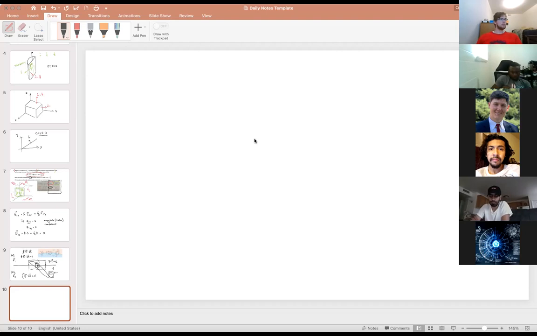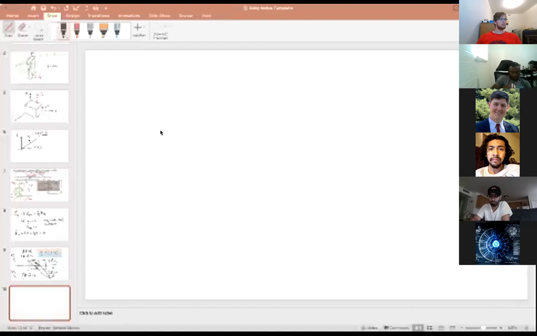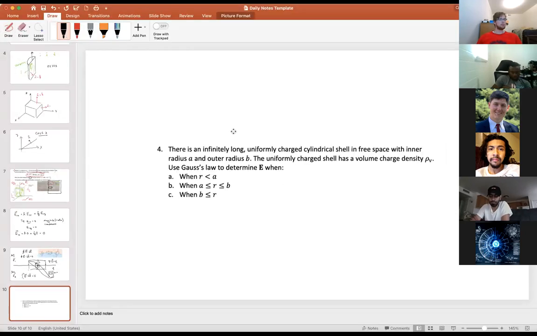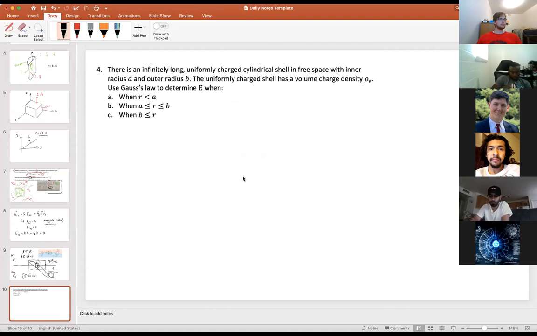All right, so there's an infinitely long, uniformly charged cylindrical shell in free space, with an inner radius and an outer radius. The shell has a volume charge density.